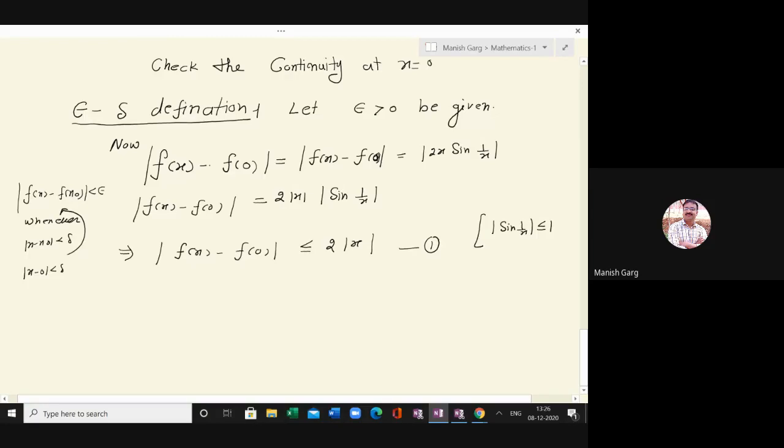For epsilon greater than 0, you need to choose a delta and show that there always exists a positive delta. So how do you proceed? Choose delta equal to epsilon by 2. Any epsilon is given, you take delta half of epsilon. This will always be greater than 0.